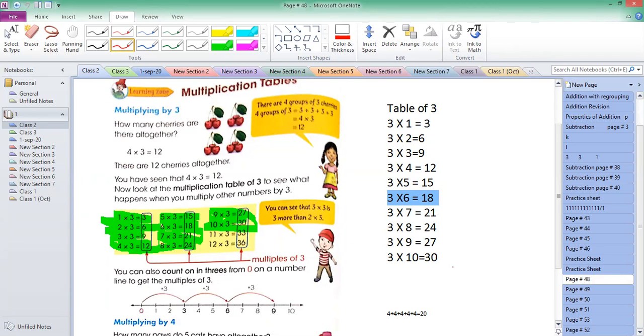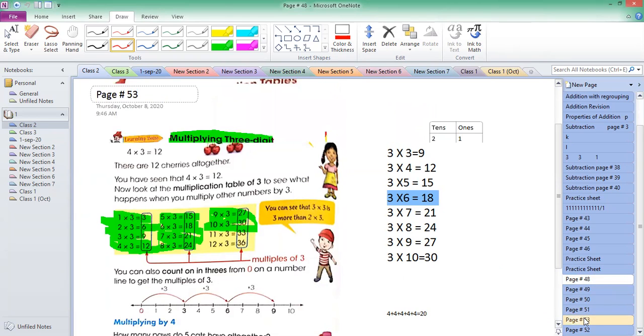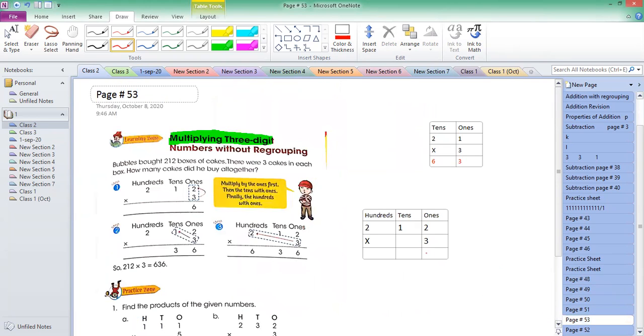So 3 multiplied by 2 equals 6. Okay, so I will write here 6.